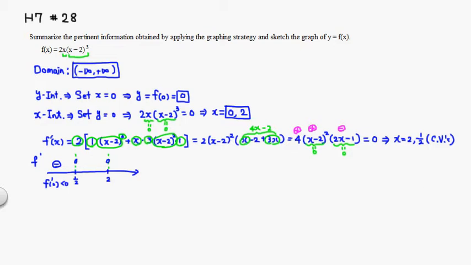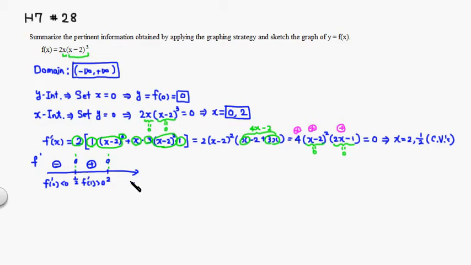So positive times negative would be negative, so it's going to be negative here. Right, and we can try for this one x equals 1, so f prime of 1. If you plug in 1 here, only difference is 1 here. 2 times 1 minus 1, so it's positive 1. So it's got to be positive here, which means that on this interval it's always positive.